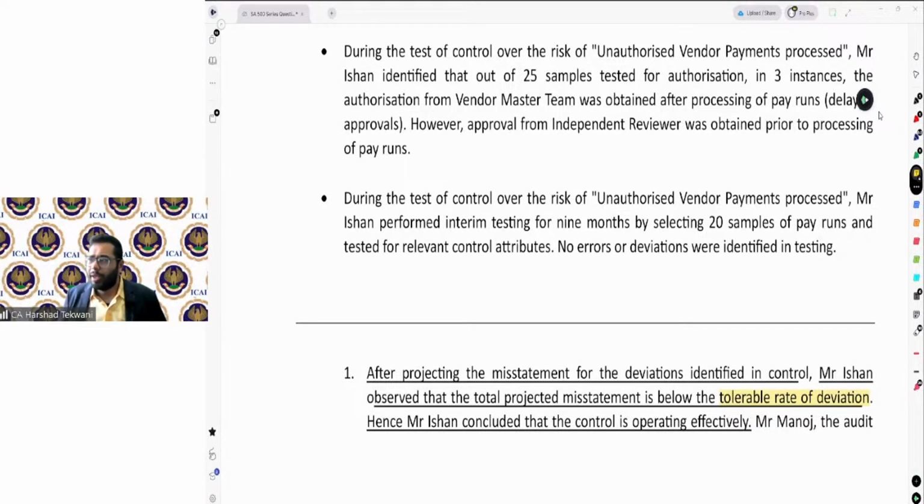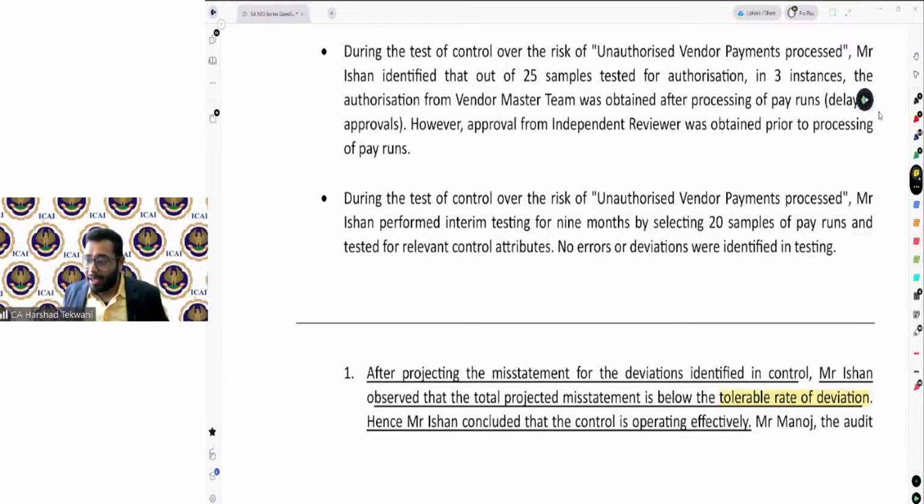Not, no, Janvi. Actually, it's only the first part that you are saying. So the first part of your answer is the tolerable rate of deviation. Okay.